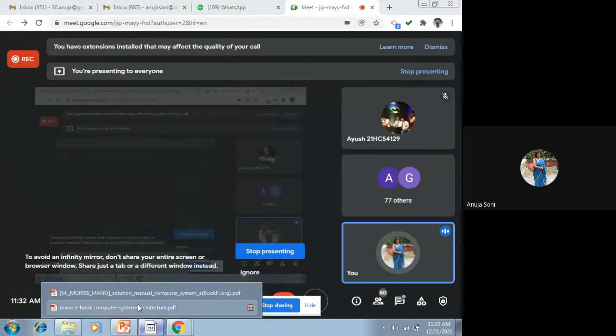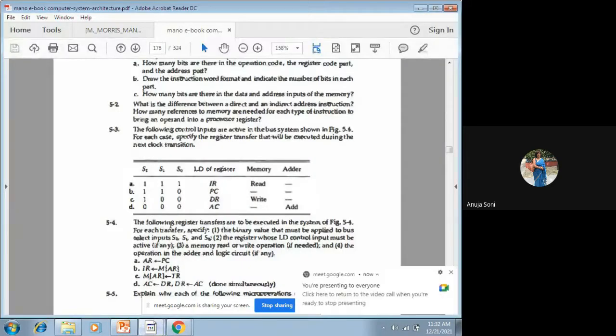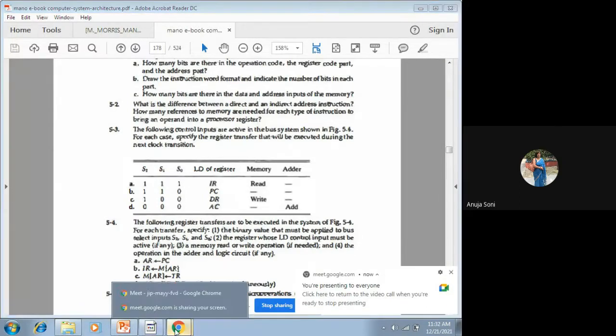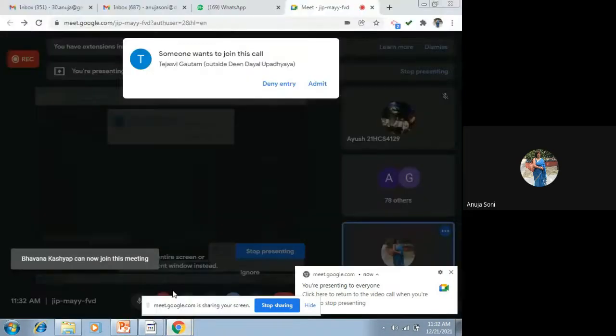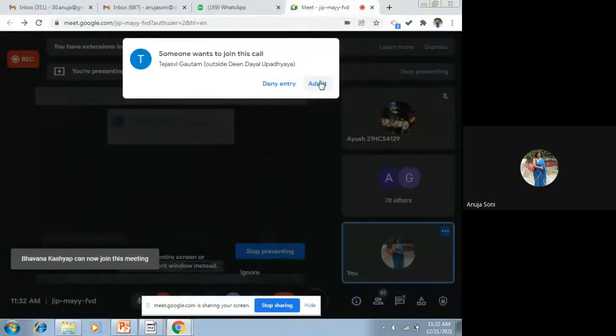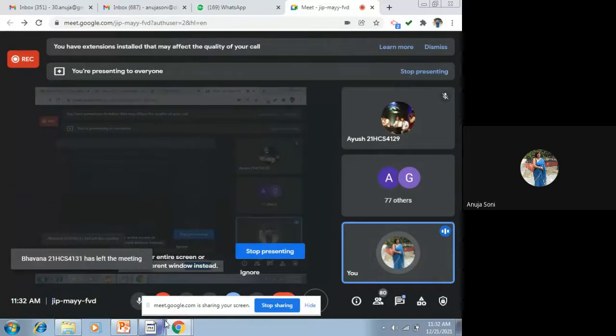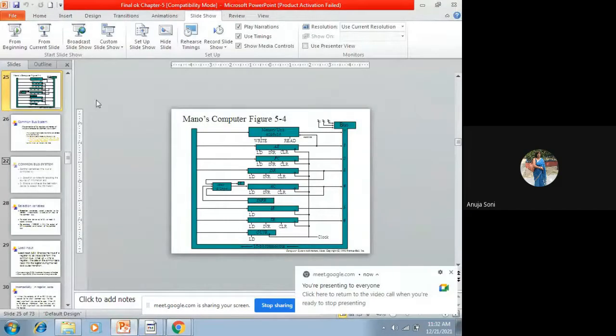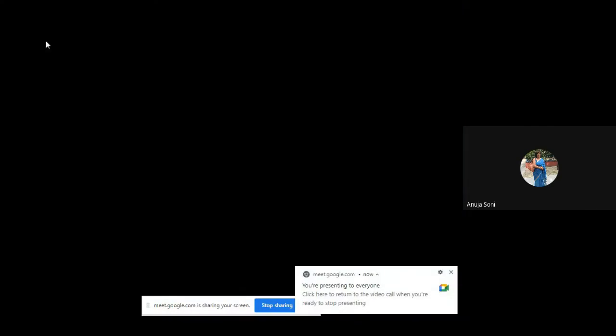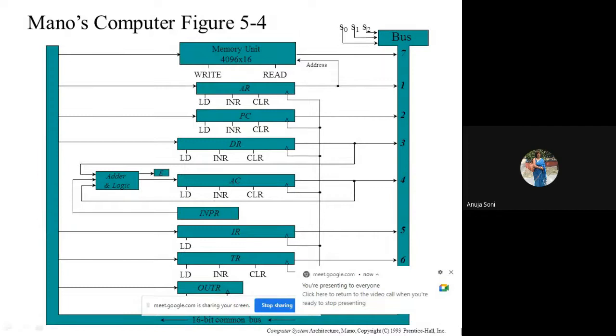So what respective control signals are given again in part A? That the value of S0, S1, S2 is given as 7. As and when the value becomes 7, you can see in the common bus system, as well as the read signal written below the memory unit is enabled.